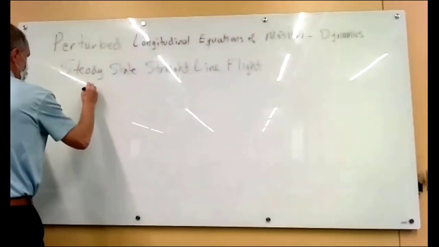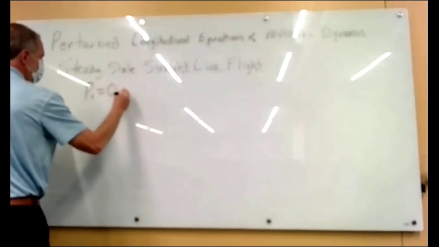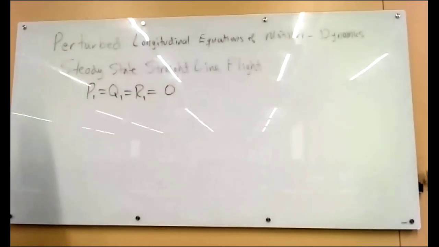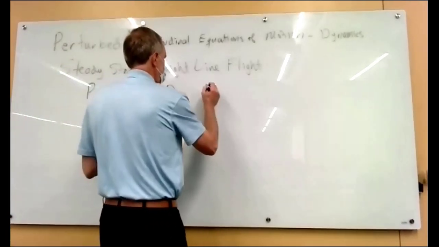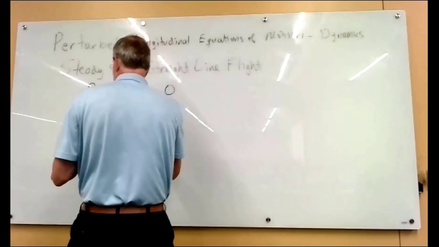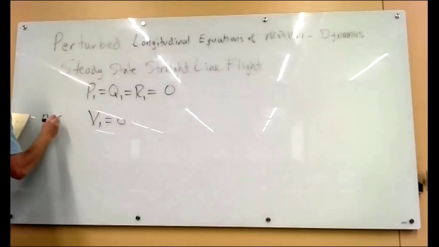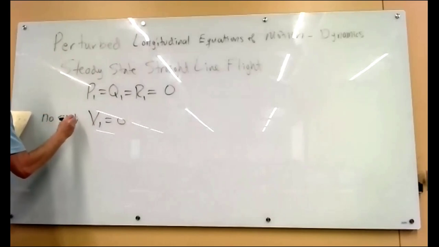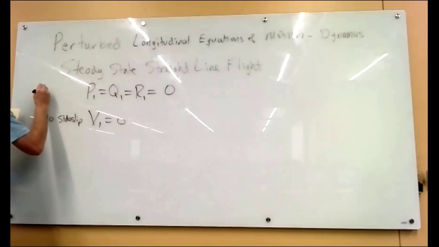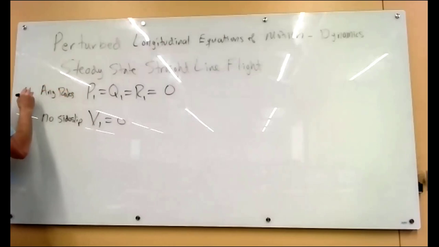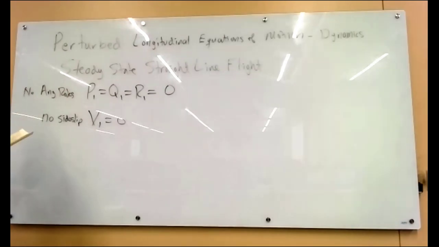So just like we've done before for this condition, the angular rates are 0 steady state. That doesn't mean that during the perturbation flight they won't change. And then we're going to say no side slip. So no initial angular rates, no initial side slip.